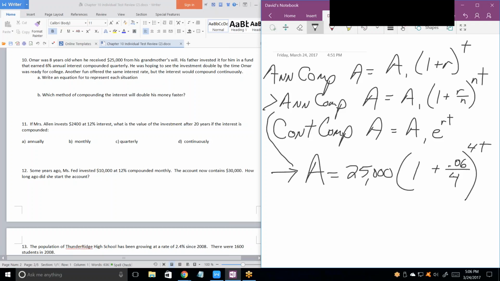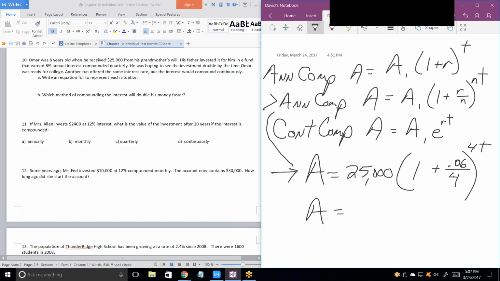You with me? Okay. Now, another fund is what they meant. Not fun, but fund. Offered the same interest rate, but the interest would compound continuously. So tell me what that equation would be.